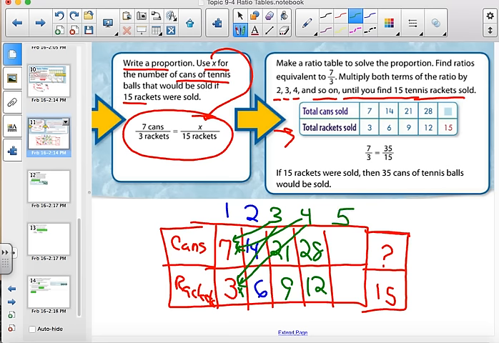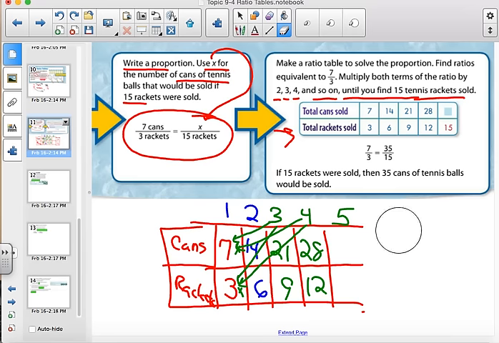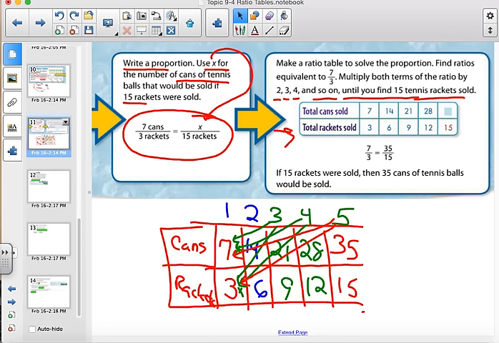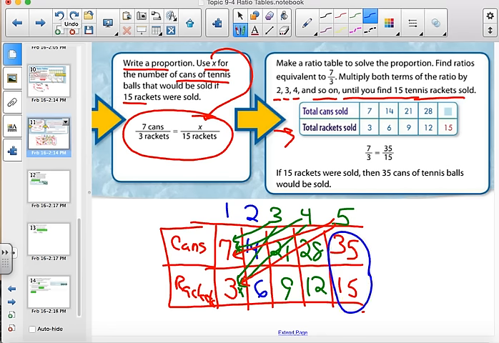We have our fifth column. And so if we know that we want to reach 15, we can then say 5 times 7 is 35. 5 times 3 is 15. So we did indeed create an equivalent ratio like that.